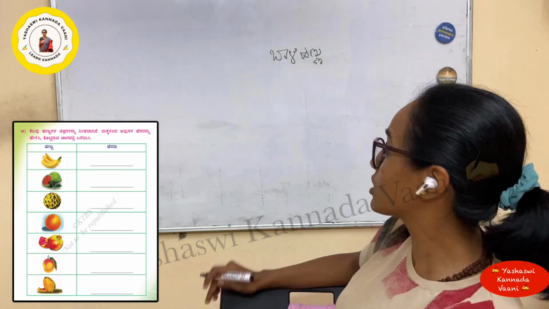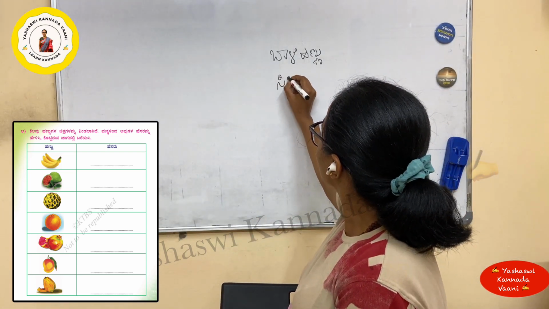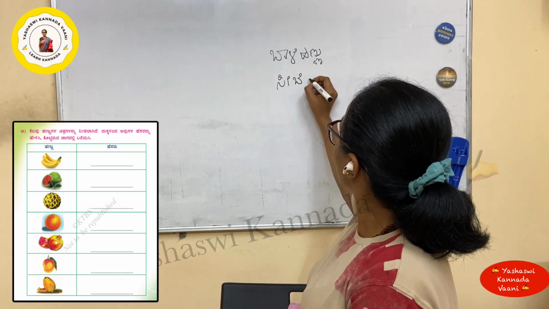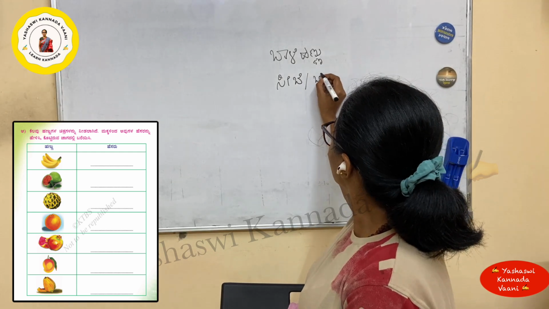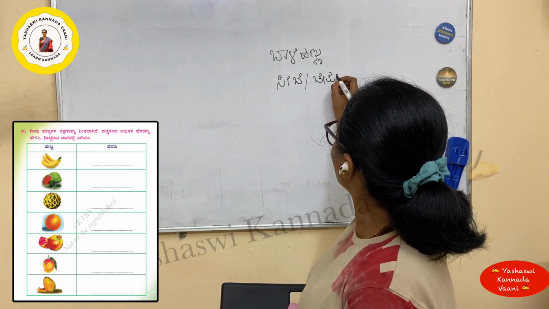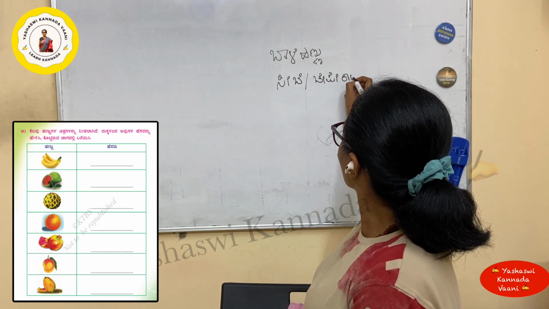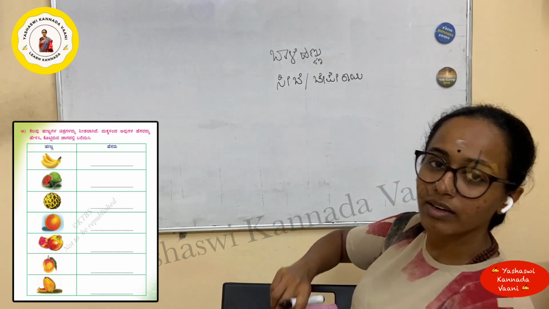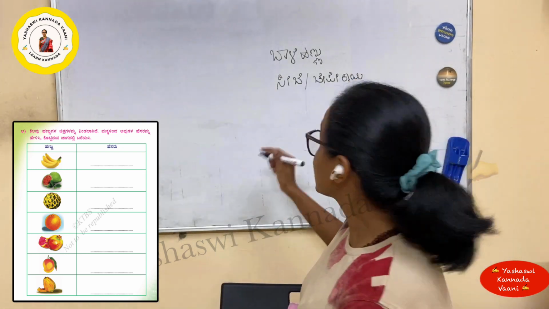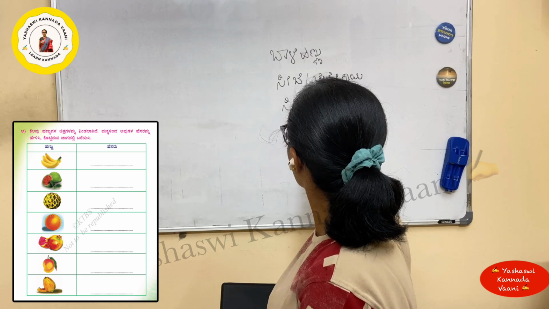Just pause. Then seebe or chepekaayi. Next, custard apple is seetaphala.